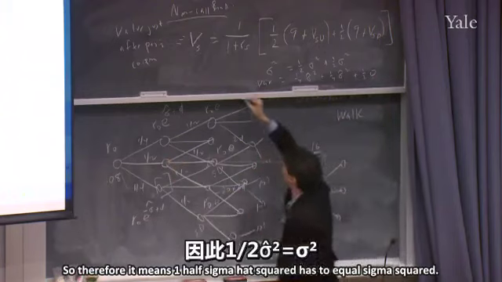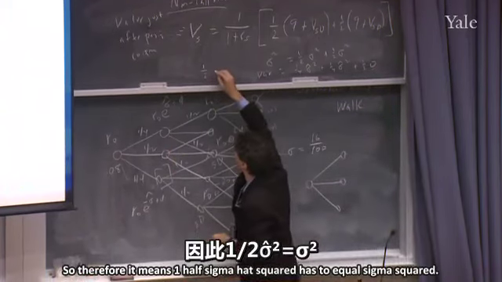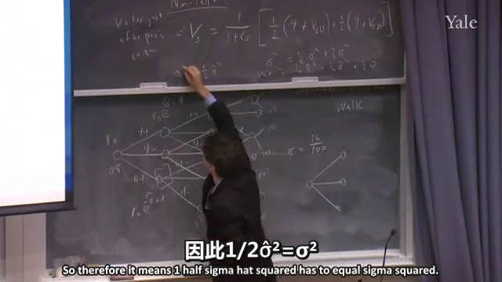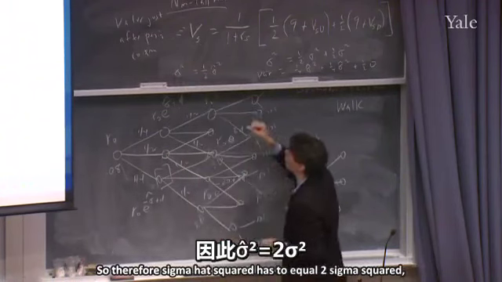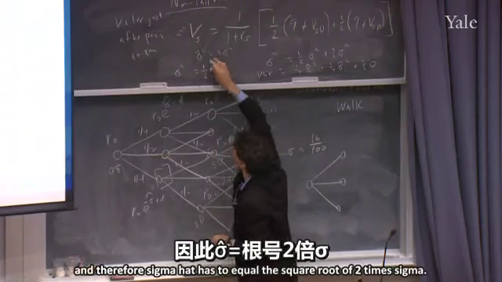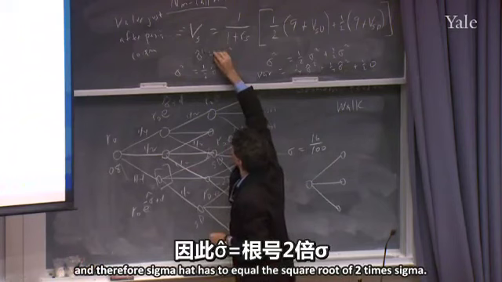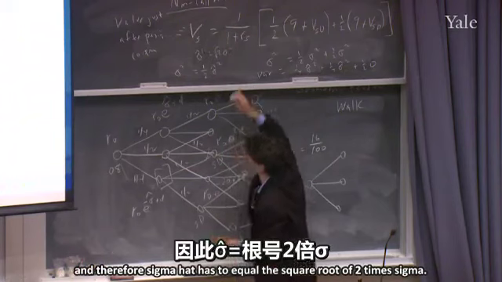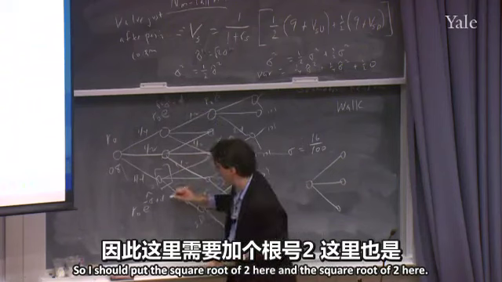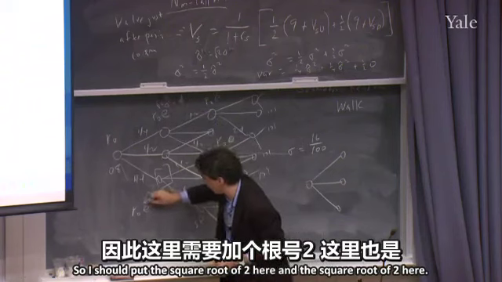So a half sigma hat squared has to equal sigma squared. Therefore sigma hat squared equals 2 sigma squared, and sigma hat equals the square root of 2 times sigma. So I should put the square root of 2 here and the square root of 2 here.